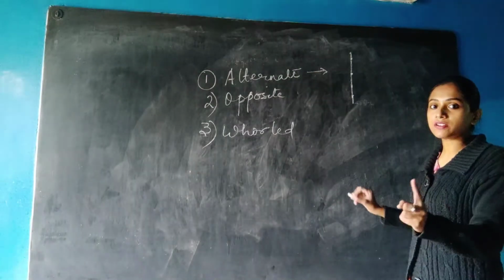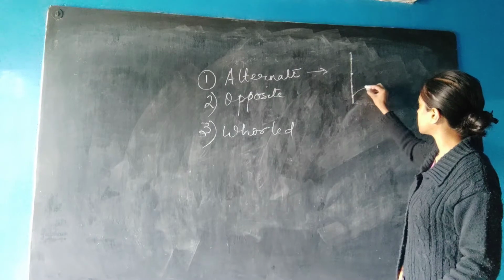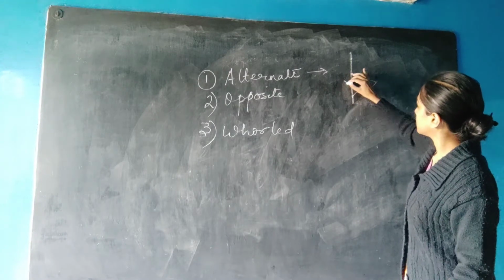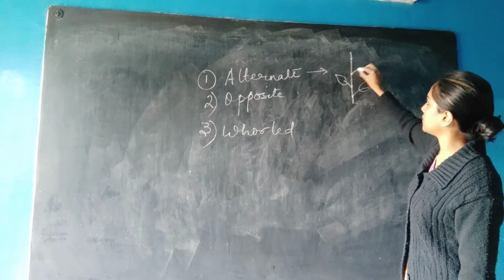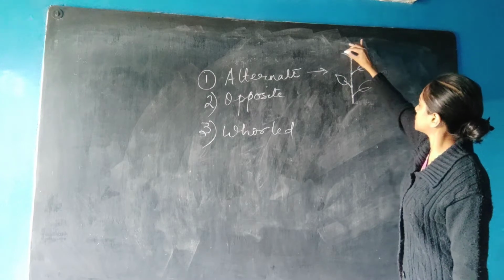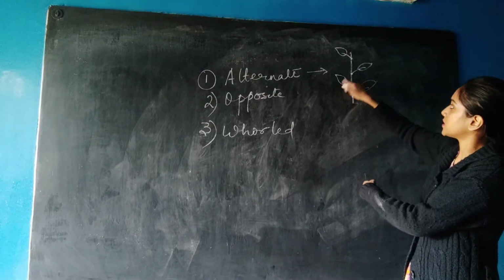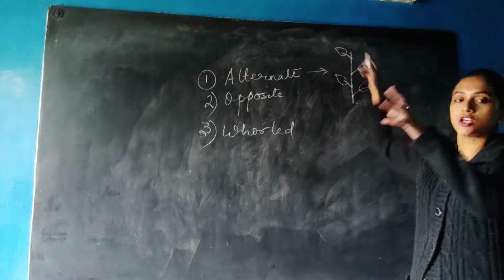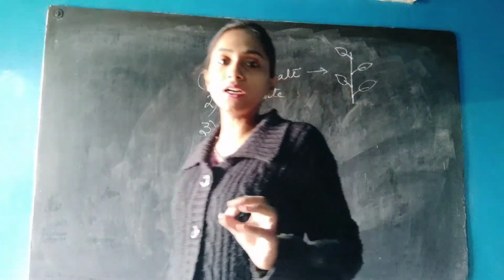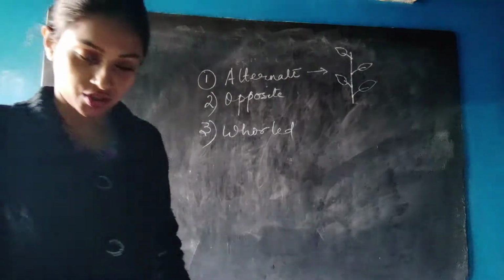So one leaf will arise from each node. That means here one leaf, this node one leaf, this node one leaf, this node so on. So you see alternate. One here, another one here, another one here, another one here. So in this way alternately it is arranged.